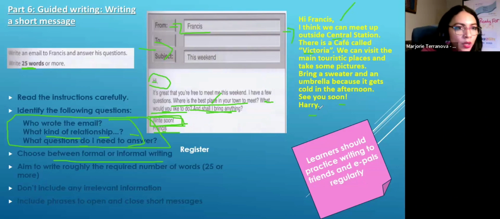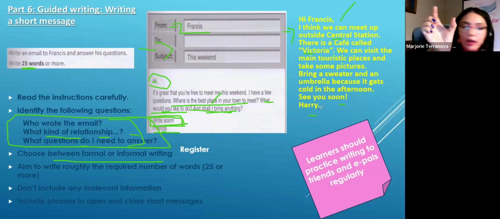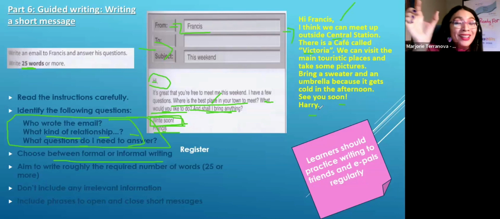Well, if they are doing computer-based exams, they are going to have a timer there. Sorry, not just a timer, but also they have a word count button where they can see the number of words that they have written, but they can have an idea, right?